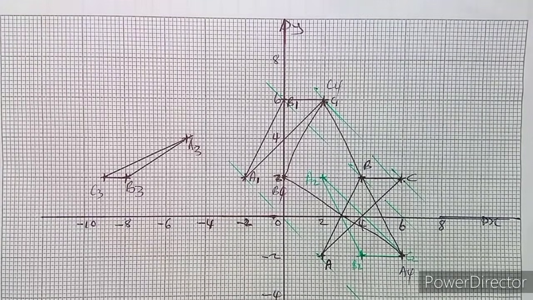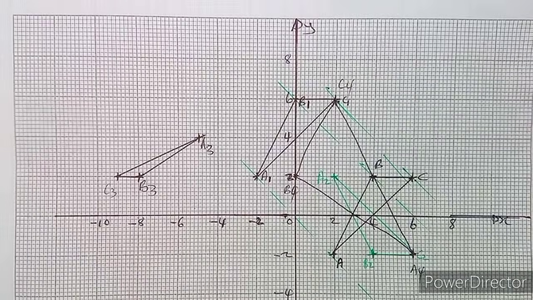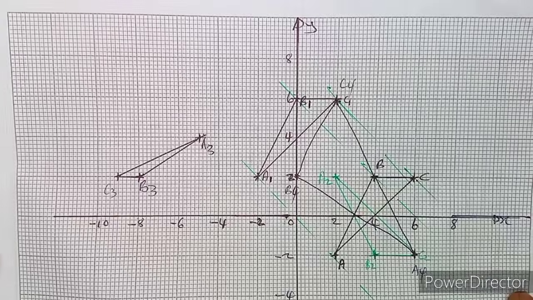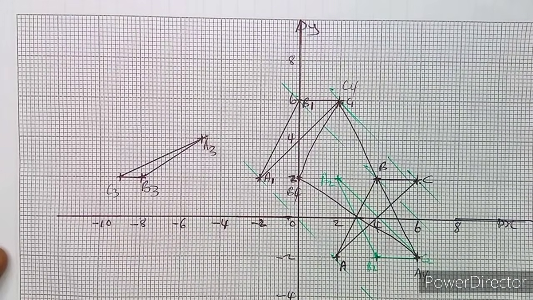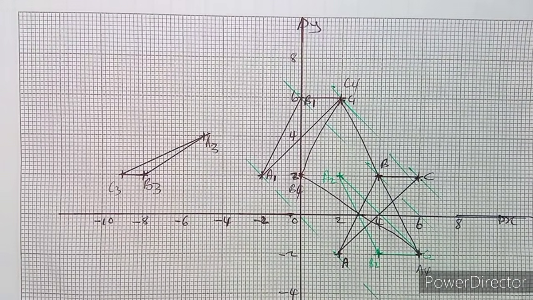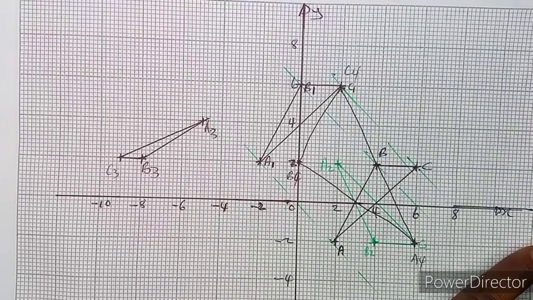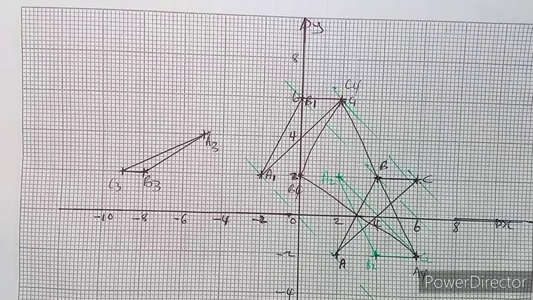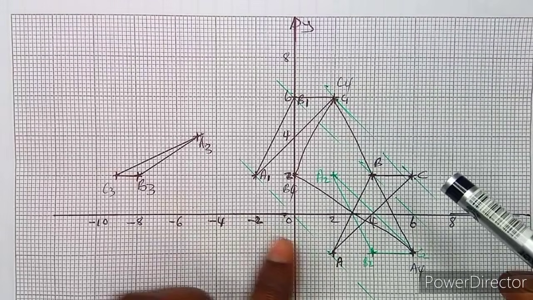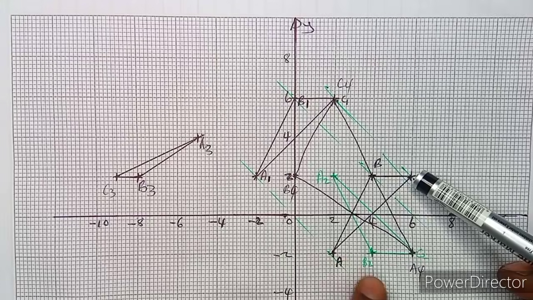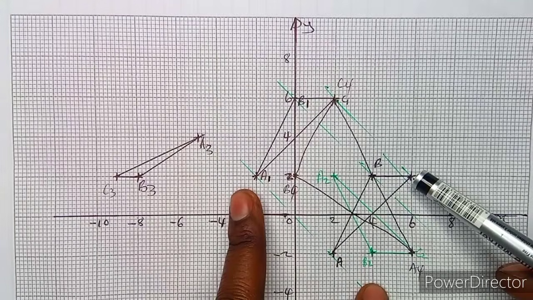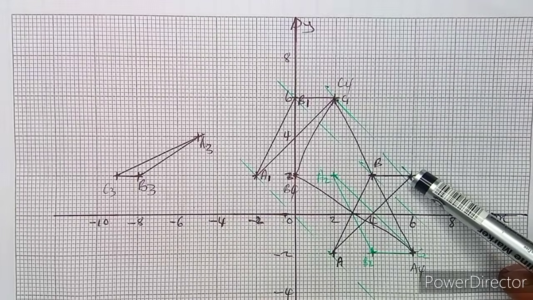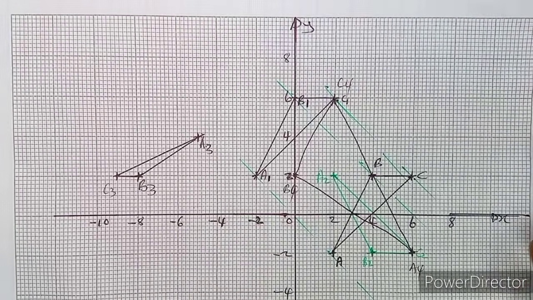So which means, if they are of the same size, and we are having that the size is the same, for us to use this concept we have to cross check whether we are working with a translation, a rotation, or a reflection.